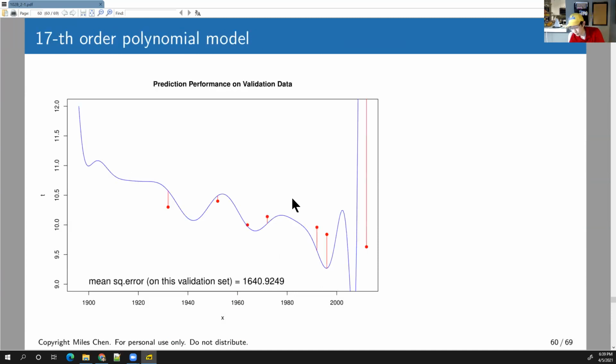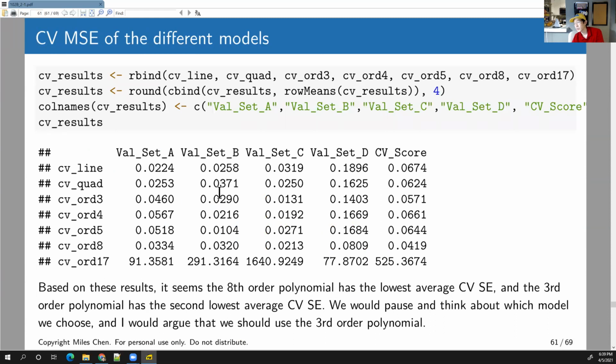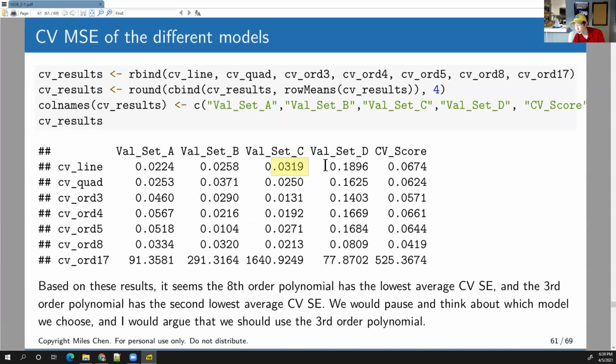And so the result is you're going to get some kind of cross-validation score for each of the validation sets that we have. When you do a linear fit, if you look at your cross-validation score, you're going to get some number here, some number here, some number here, some number here, and then overall the average.